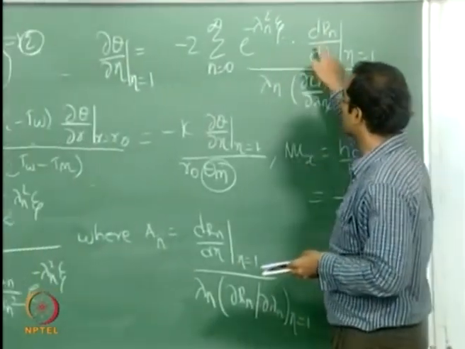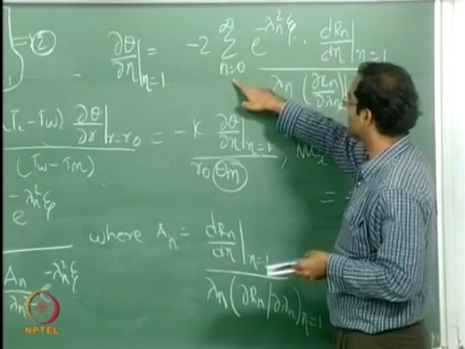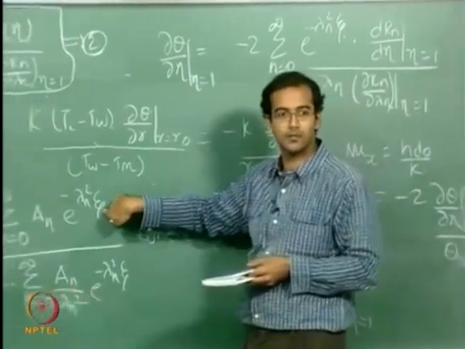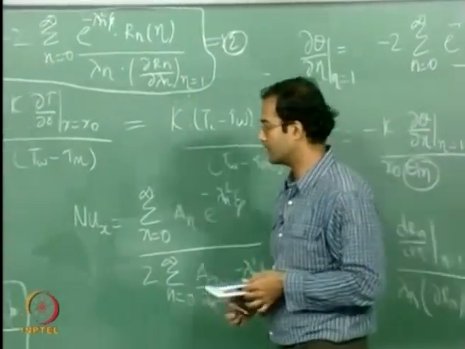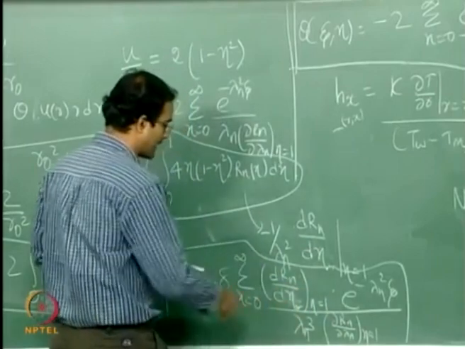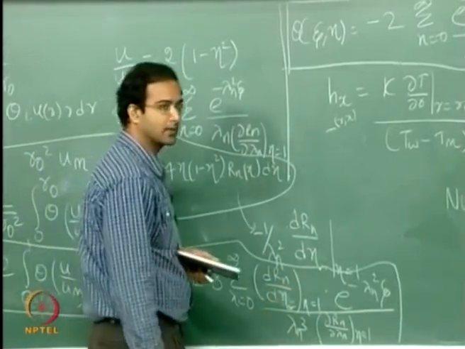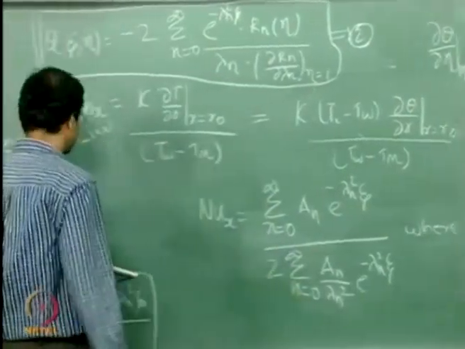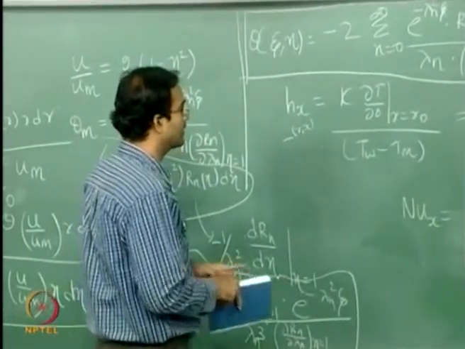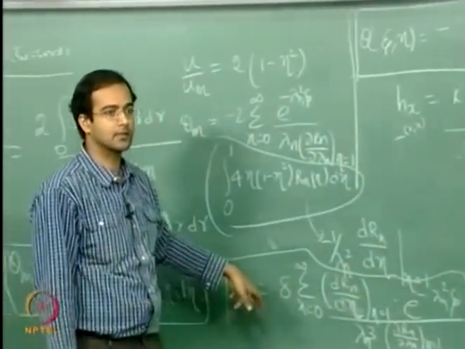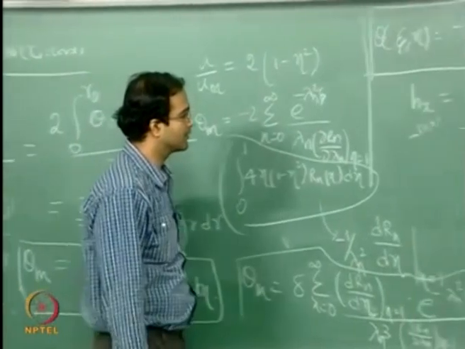So this will be nothing but an into summation of n equal to 0 to infinity e power minus lambda n square, that is the numerator, divided by the theta m, which also has the same term. In addition I have lambda n cube here, so this will be an by lambda n square into this. The numerator has basically 2 into 2, 4, the denominator has 8, therefore there is 1 by 2 there.